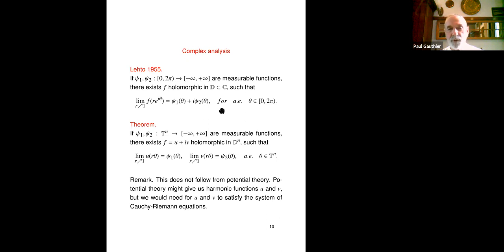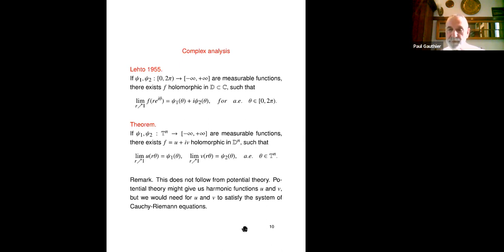If you have two real valued measurable functions on the torus, which is the boundary of the polydisk, then there exists a holomorphic function in the polydisk having these given radial limits for almost every point of the torus. So you can prescribe radial limits of a holomorphic function at almost every point of the torus, of the distinguished boundary.